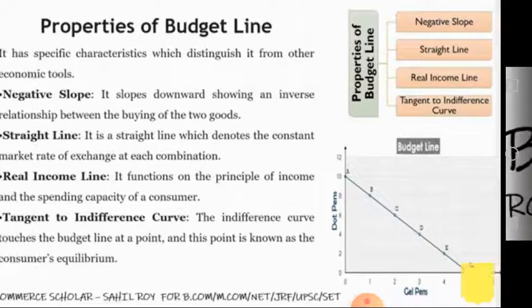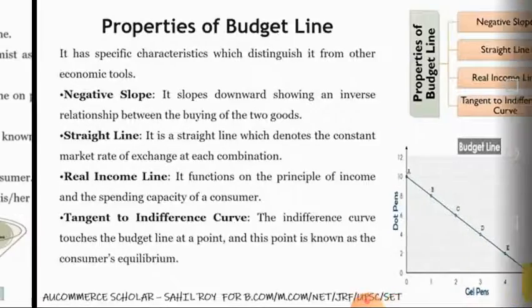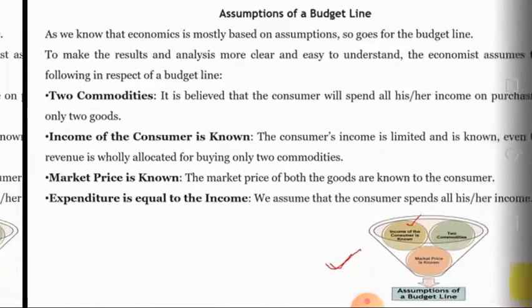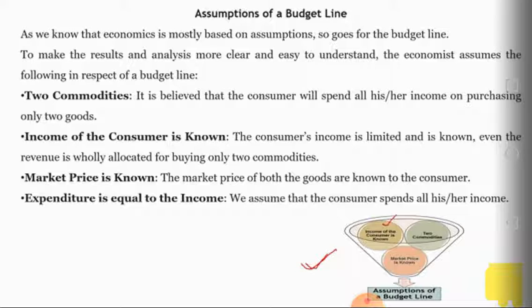Properties and assumptions. First we'll see the assumptions of the budget line, what we should keep in our mind before making the budget line. As we know, economics is mostly based on assumptions, so the same goes for the budget line, to make the result and analysis clearer and easy to understand.